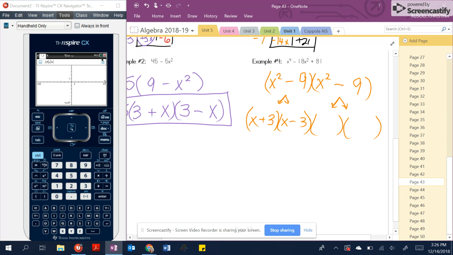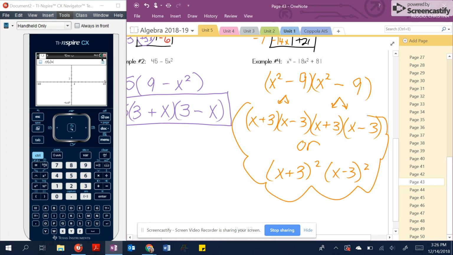One of them is plus, the other one's minus. Copy paste. X and x, 3 and 3, because 3 times 3 is 9. One of them's plus, one of them is minus. We can write it like that. Or we can get super fancy and say x plus 3 squared and then x minus 3 squared. So we have 2 choices. That one was kind of cool, so I'll put a bubble around it.